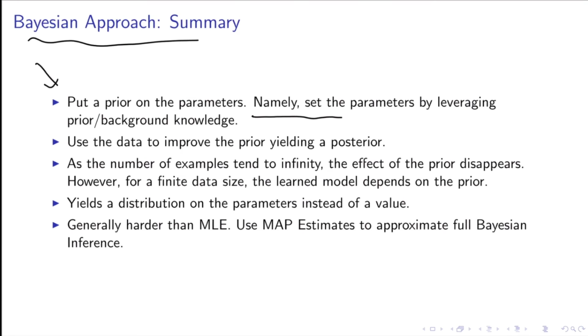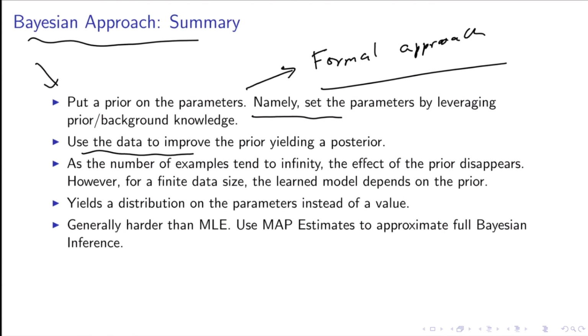The Bayesian approach is a nice formal approach for achieving this, using prior knowledge along with data. What we're doing is using the data to improve our prior knowledge, combining the two and then making inferences using a so-called posterior distribution, which is nothing but the product of the likelihood and the prior.